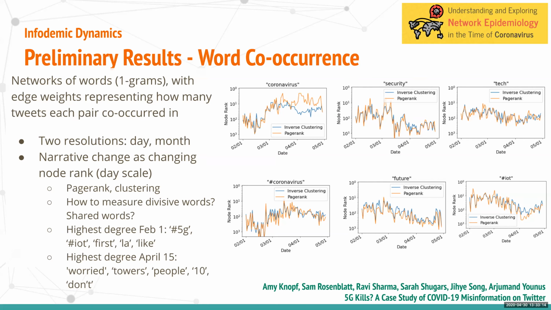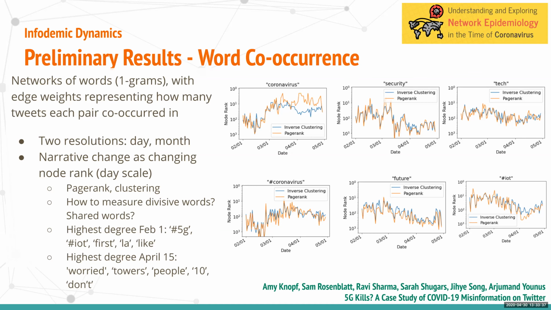First, we see here in these figures that we have different measures of nodes changing over time, and that can help us track the narrative around those words. So we can see here that coronavirus and hashtag coronavirus follow similar trends, but have differences near the end.